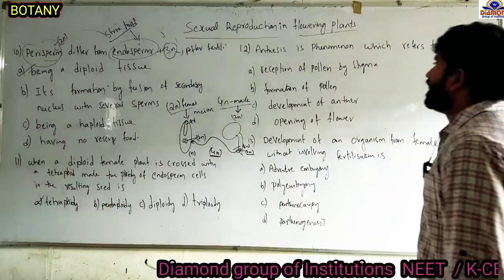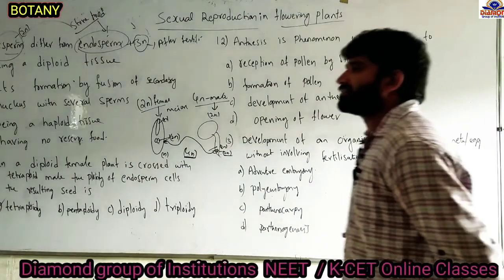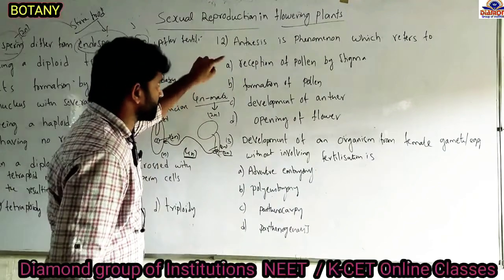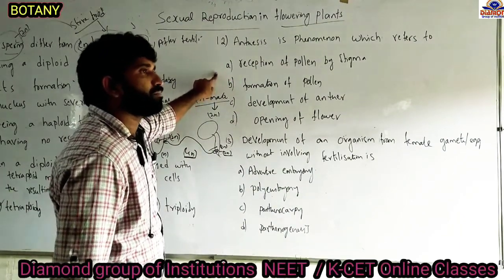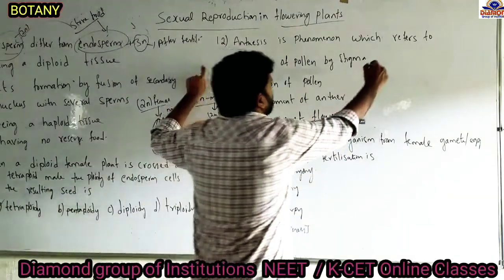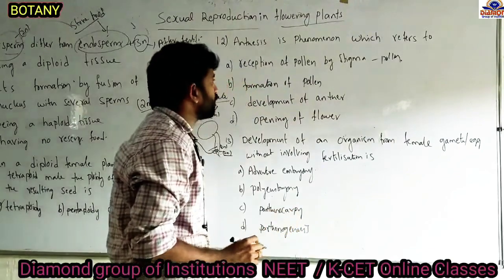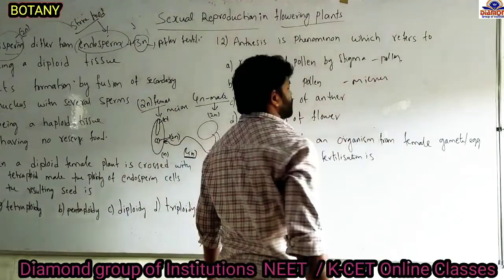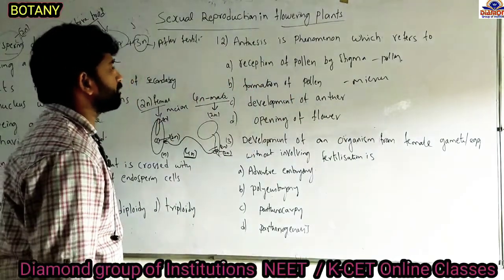And the next question: anthesis is a phenomenon which refers to? Which phenomenon does it refer to? Option A, reception of pollen by stigma. Receiving of the pollen grains by stigma is called pollination. Formation of the pollen grains is called microsporogenesis. And the development of anther and opening of the flower.